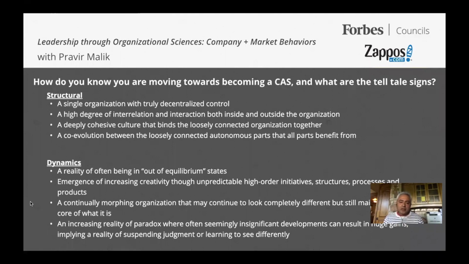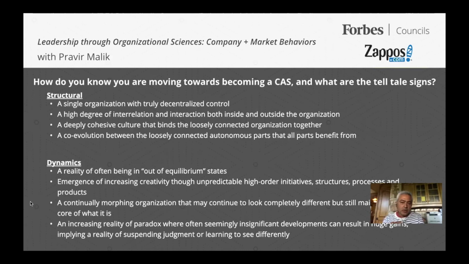And that provides a continuity no matter what's happening. And also there's co-evolution between these parts that operate independently: in a sustainable complex adaptive system, they would tend to grow in sync with each other. So that's structurally how we would begin to recognize that we're on that path.